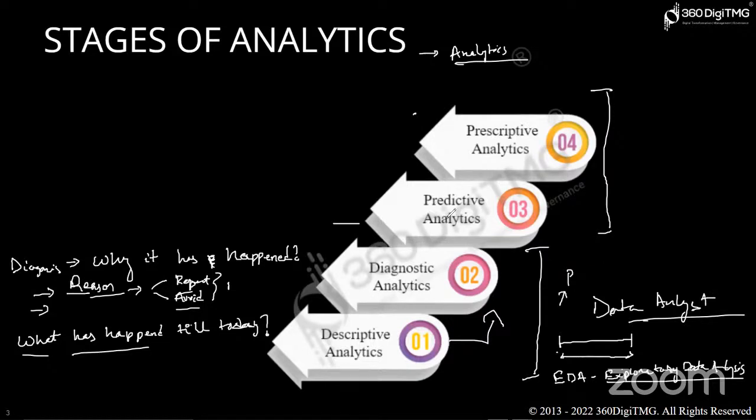Now comes the hard part, predictive analytics. Based on the analysis we saw, next we'll do some kind of predictive analytics. Here we will make predictions about the future based on historical data. The question to be asked is: what is likely to happen?